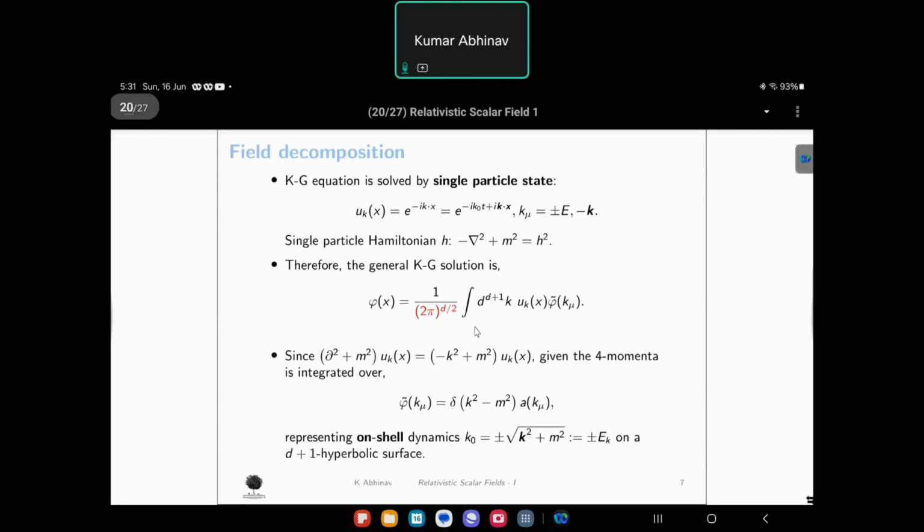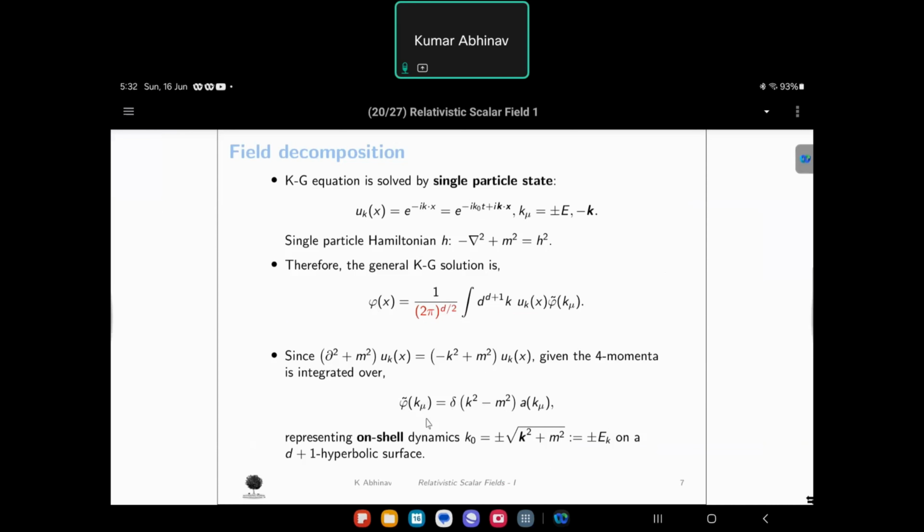So now, one can see that the single particle wave function satisfies the Klein-Gordon equation, which also says that k square has to be equal to m square. This Fourier expansion of the wave function is valid only if the Fourier transform has a Dirac delta function dependence, which is 0 unless k square is equal to m square, when it is infinity.